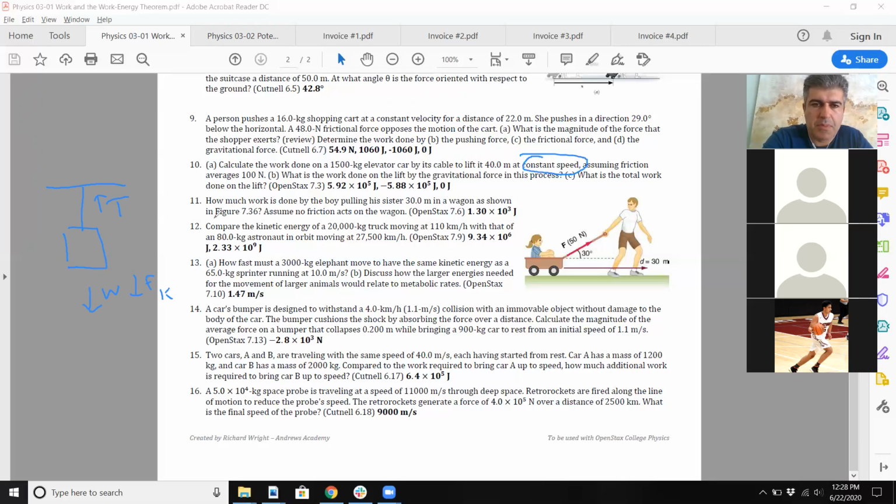It's going at constant speed as well. So let me calculate this really quickly. 1,500 times 9.8 minus 100 times 40.